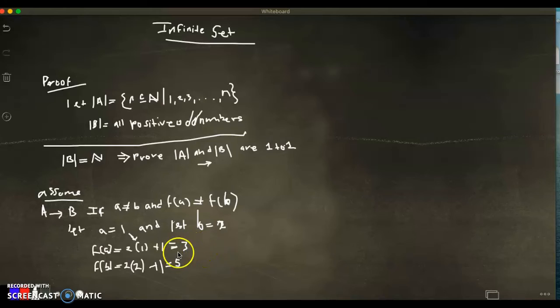And from these answers you can already see that f of A and f of B are not equal to each other. And even before that, when we let A equal 1 and B equal 2, you can see that A and B are also not equal. So therefore, this function is a 1-to-1 function. Okay?